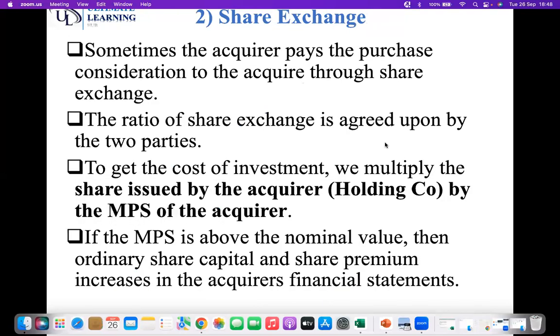The second way to purchase is through share exchange. So we have looked at purchase through cash. We have said it can either be immediate cash or deferred cash. It is very easy to account for immediate cash, but deferred cash results in a liability.